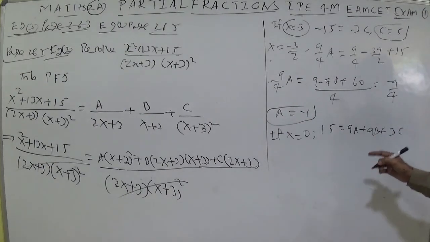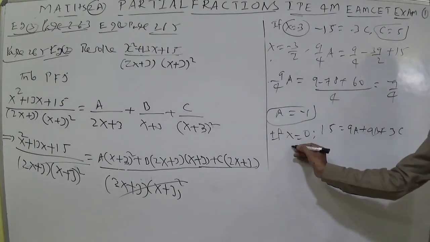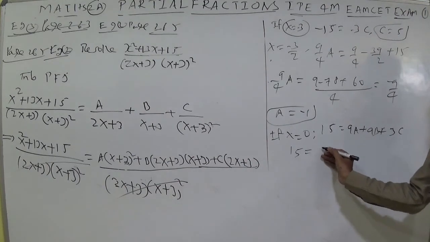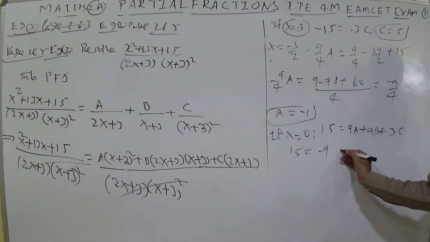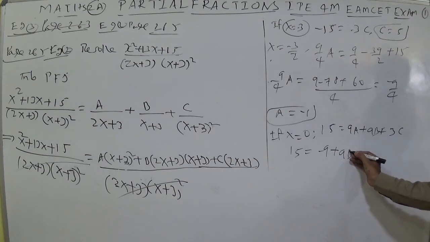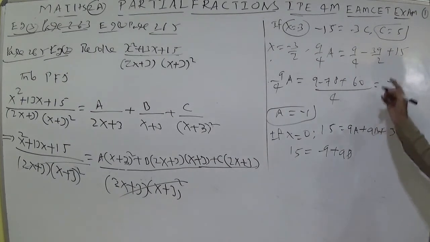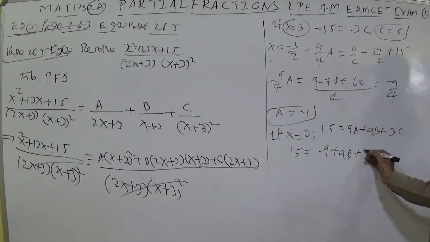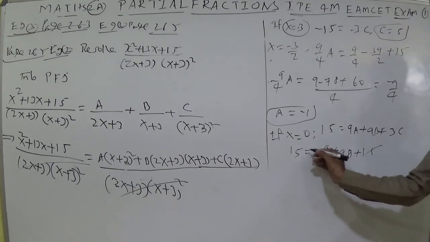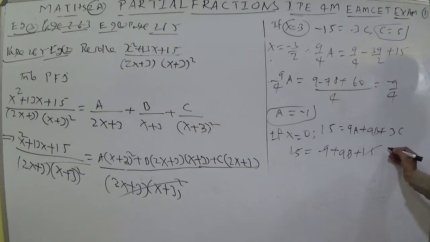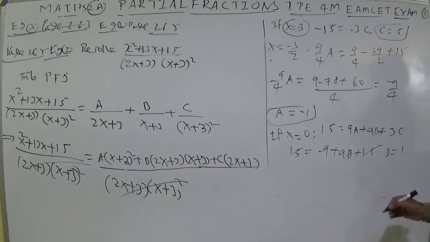What is 9A here? A = -1, so it is -9. B we don't know, so 9B, plus 3C, where C = 5, so 3C = 15. The 15 cancels. 9B = 9, so B = 1.